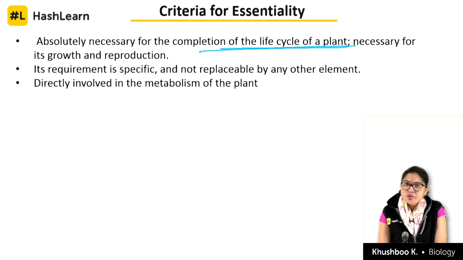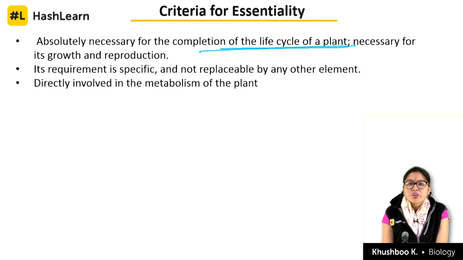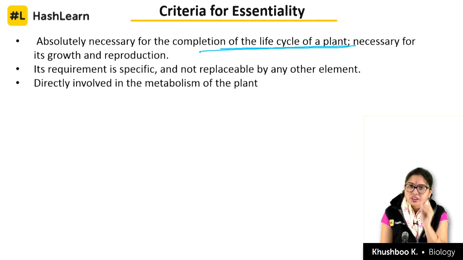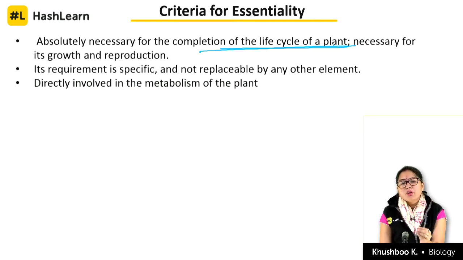Like when we talk about glucose, it is glucose only, C6H12O6. We cannot replace carbon there with aluminium, or replace the oxygen with any other element like nitrogen. When it is there, that means it is required. When we talk about photosynthesis, carbon dioxide will be required.